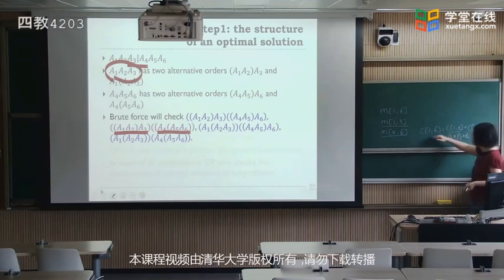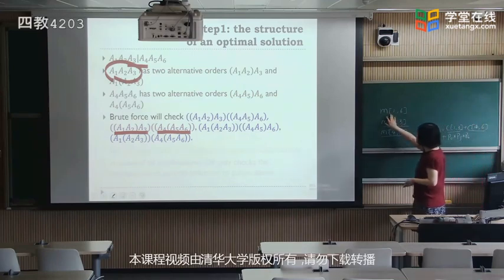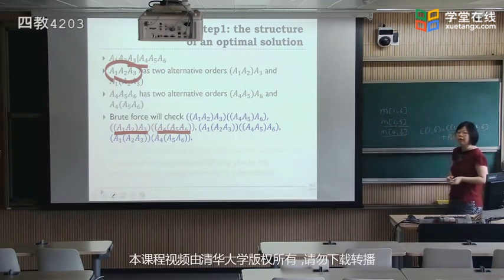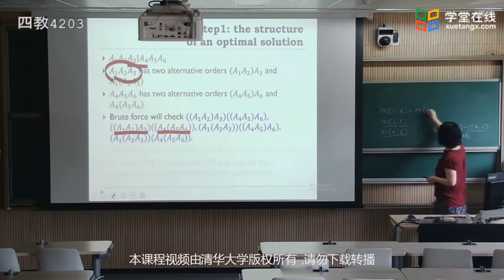So this basically tells us for this problem, we can set up the recurrence of the optimal cost using the best value we calculated for the smaller problem.